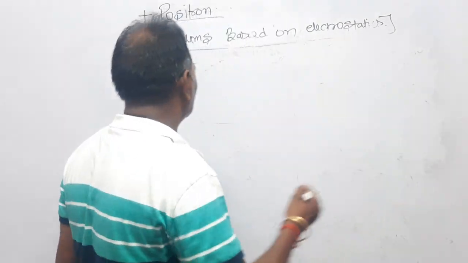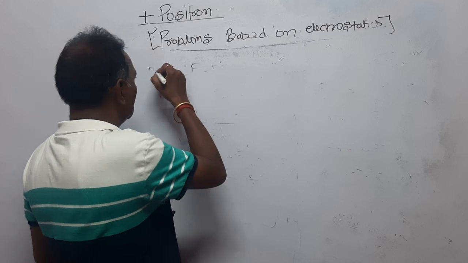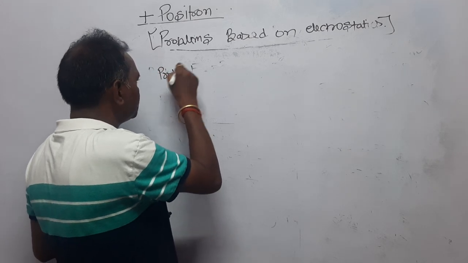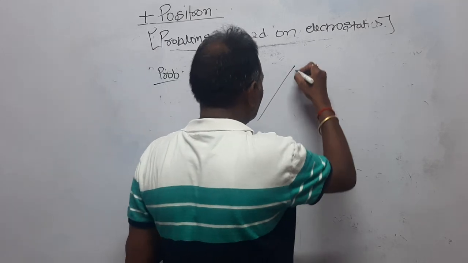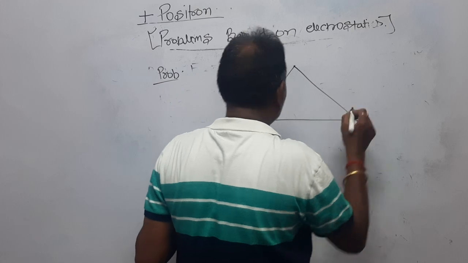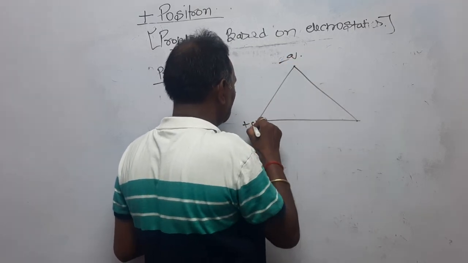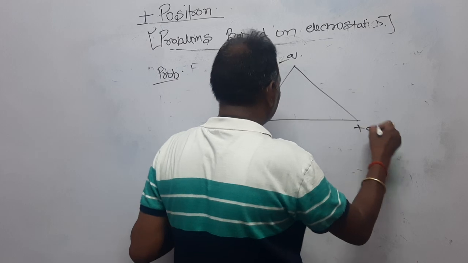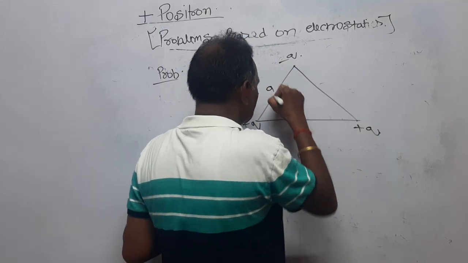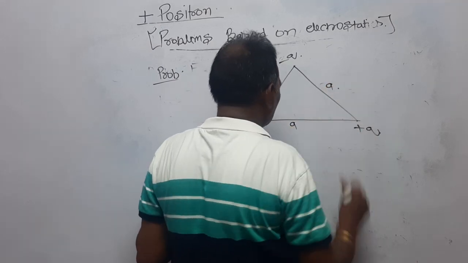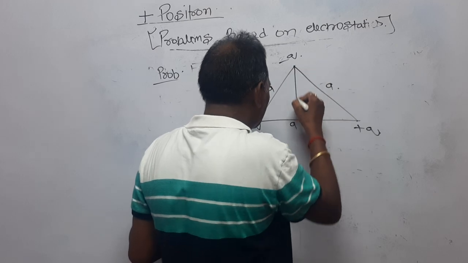Like a problem this time, let this be minus q, plus q, plus q again, and this is an equilateral triangle. This time I am supposing a median.